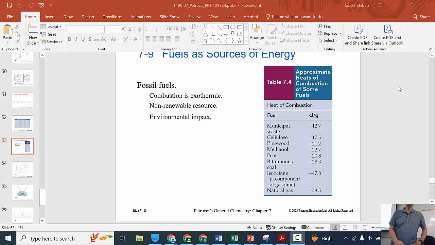So these, they say, are non-renewable resources, but people are trying to make synthetic fuels from different things. They grow corn. From the corn, they get ethanol. You ferment the corn. And from the ethanol, you can either burn that straight, or you can process it further to make other fuels.